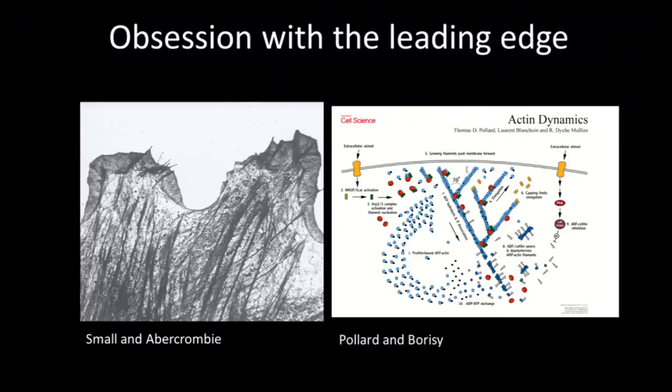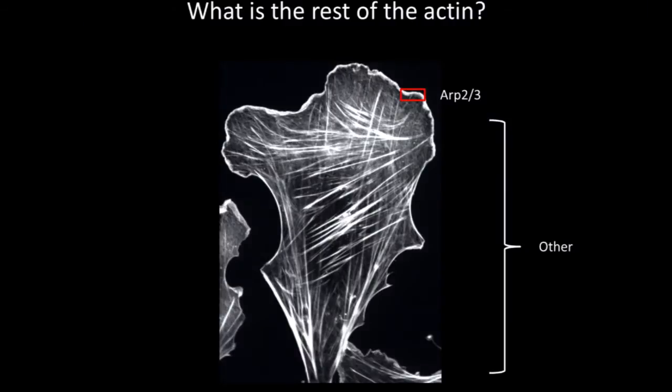We're all obsessed with the front of the cell, and so this is studied in excruciating detail, the biochemical regulation of the formation of these filaments at the leading edge. Hundreds of papers published on this. But if you look at the migrating cell, we're all obsessed with this tiny little thing, and nobody's studying what the hell is going on in the whole rest of the cell.